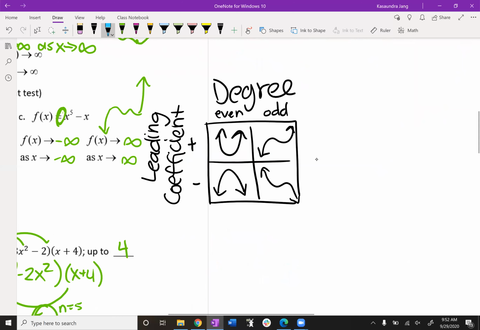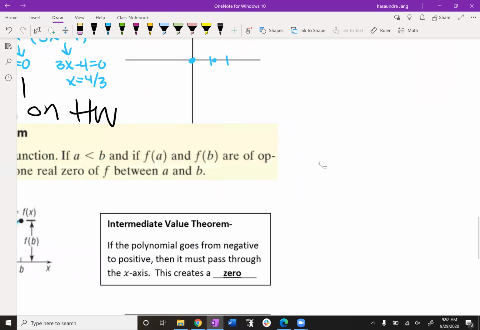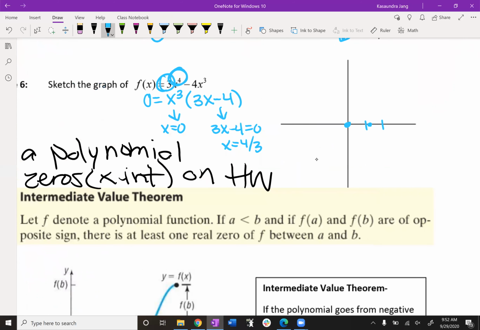So degree 4 is even, right? Coefficient of 3, like a positive 3. So it's like that top left box. Well, I'm talking about the ends though. Oh, positive infinity? Yes, both ends go up to positive infinity in that box. So for that reason, I'm going to say both ends are going to go up to positive infinity.